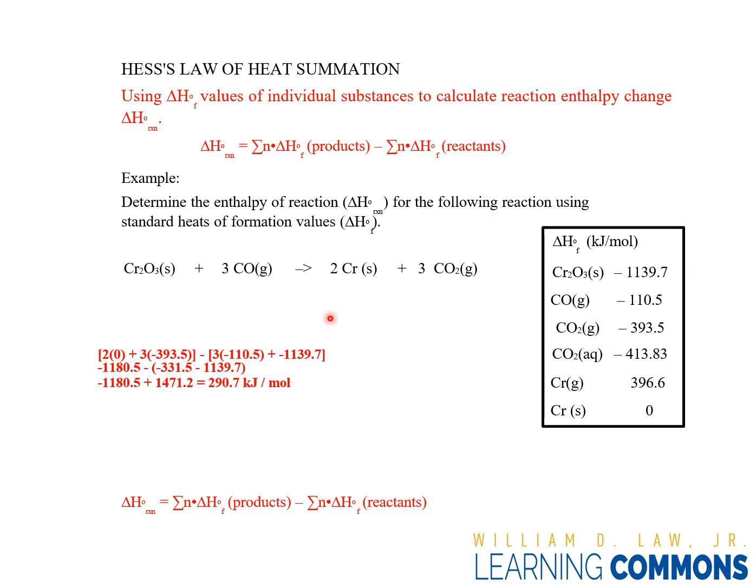We just add all these, but we must be careful with the coefficients. The coefficients here are 1, 3, 2, and 3. For the products, the chromium is 2 multiplied by 0, plus 3 multiplied by the number for carbon dioxide, minus 3 carbon monoxide plus just 1 for the dichromium tetraoxide, and you will find the delta H of the reaction.